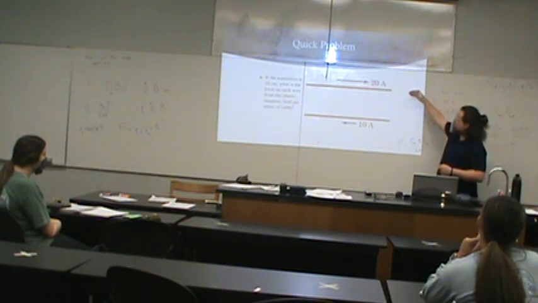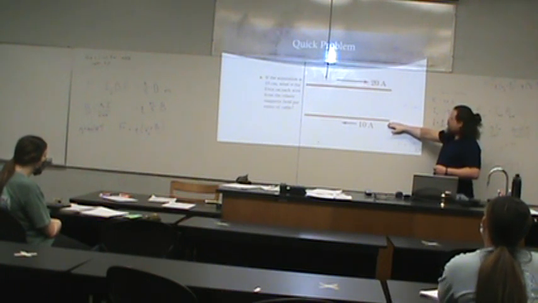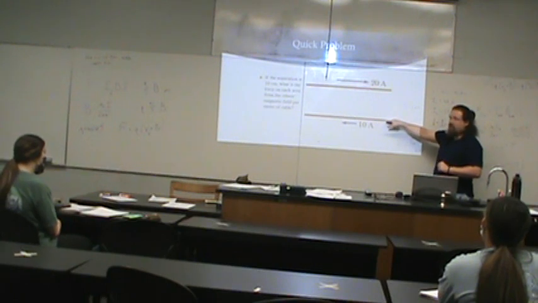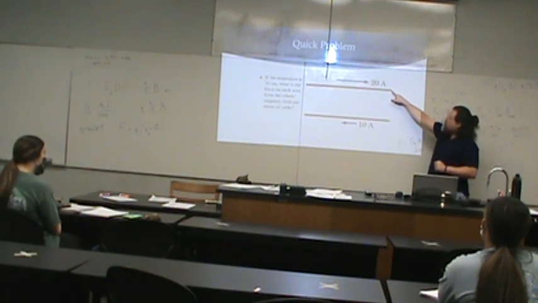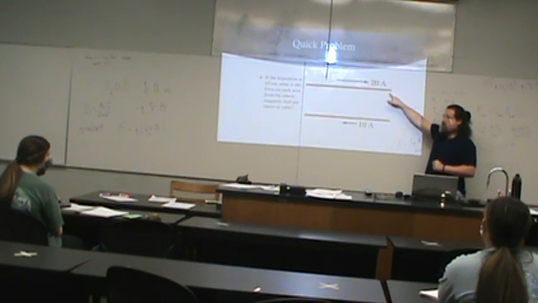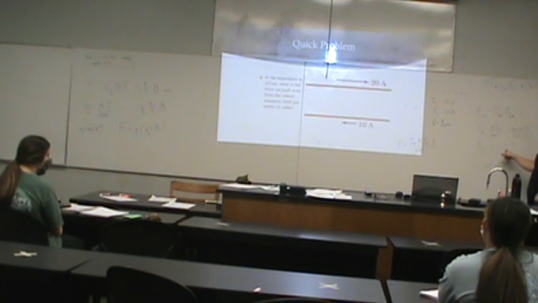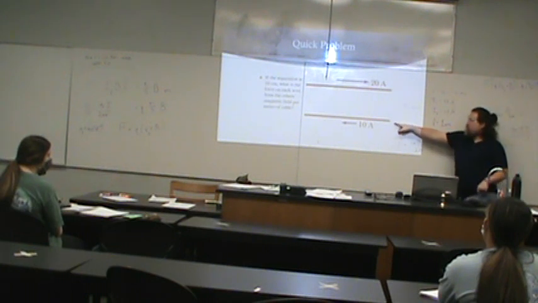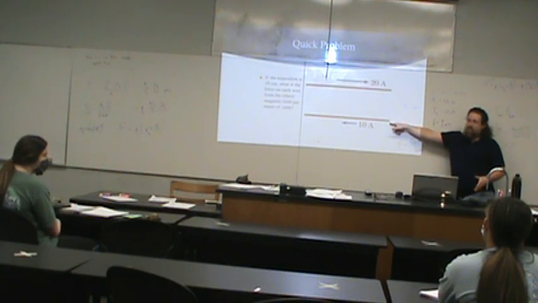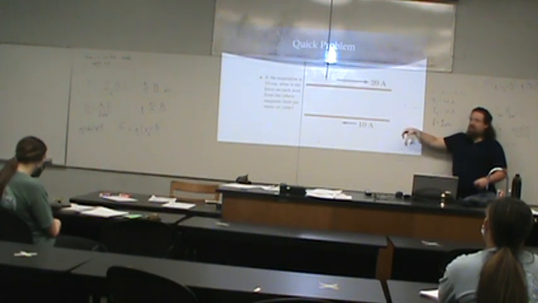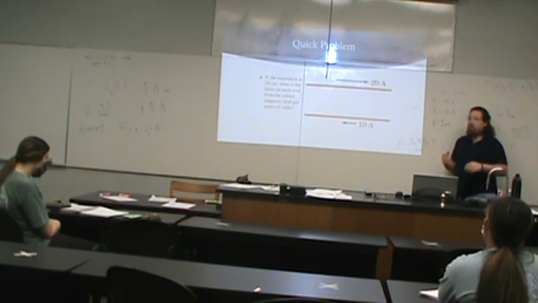If we were to reverse our perspective and look at the location of the 10 amp wire, the 20 amp wire has twice as much current in it, so it would be making twice as much magnetic field. However, that doesn't double the force, because the current in this wire, the wire being acted upon, is half. So twice as much field acting on half as much current comes out to the same force.